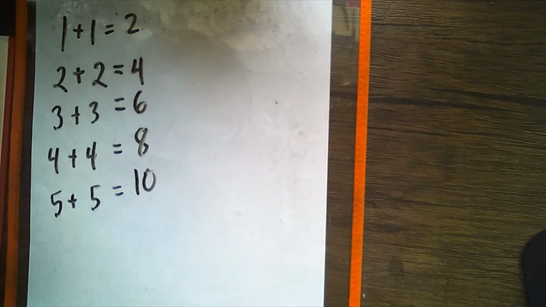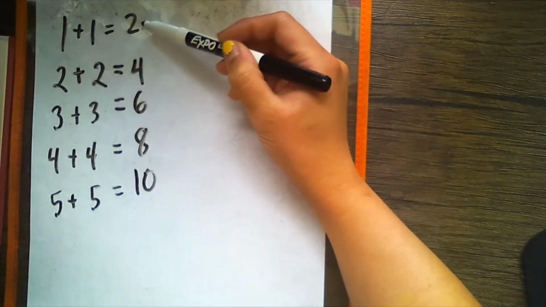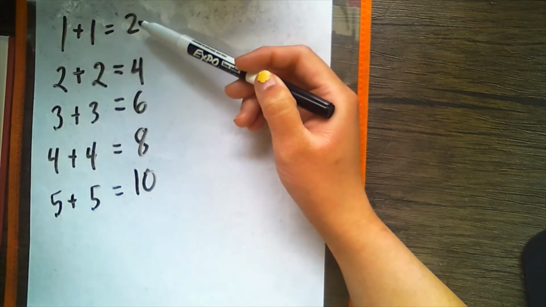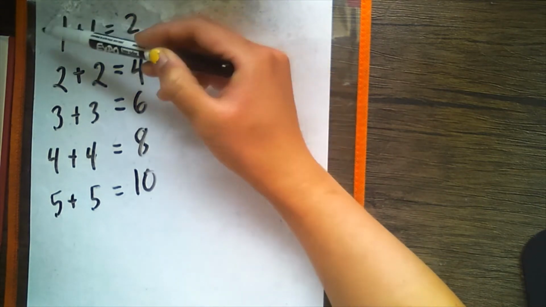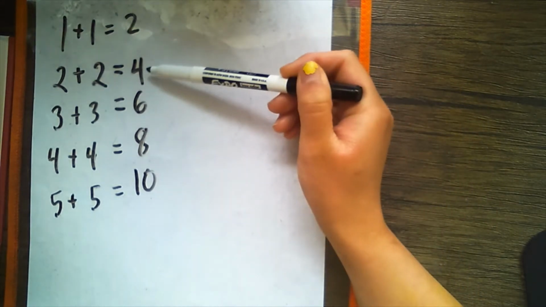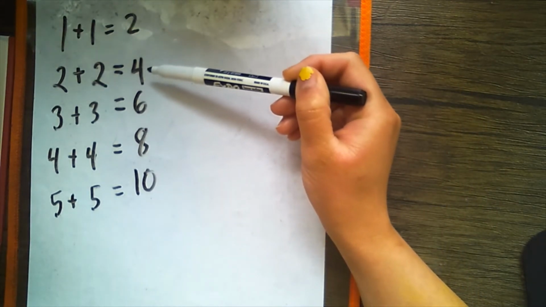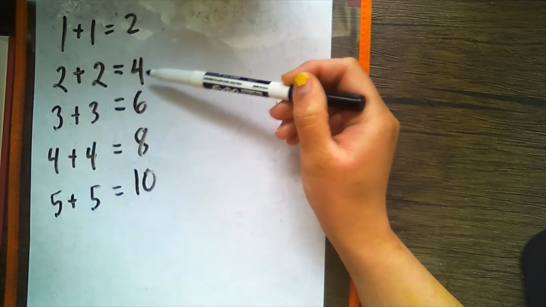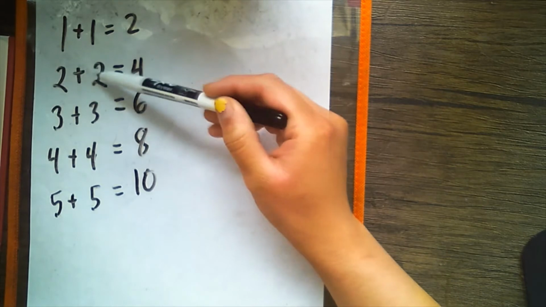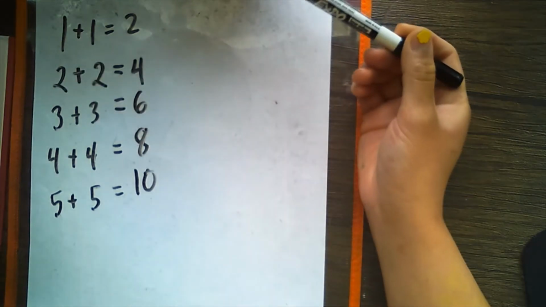If you share with a friend fairly, you both will have the same number of things. So if there are 2 cookies and you both are sharing that fairly, you both should have 1 cookie each. If there are 4 cookies and you both are sharing those 4 cookies fairly or evenly, then you both should have 2 cookies each.